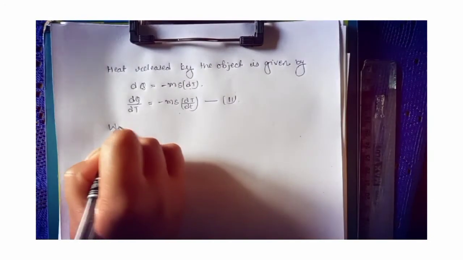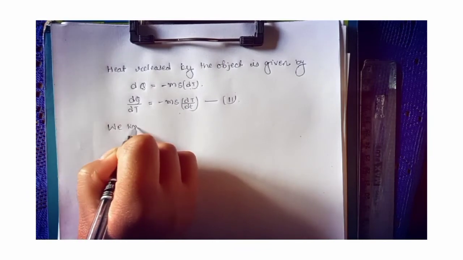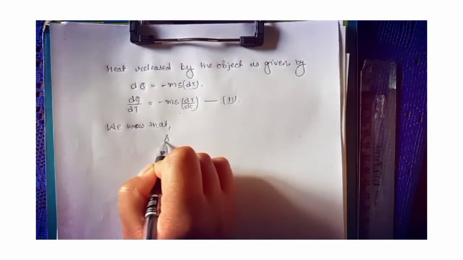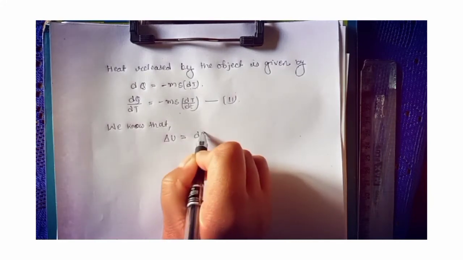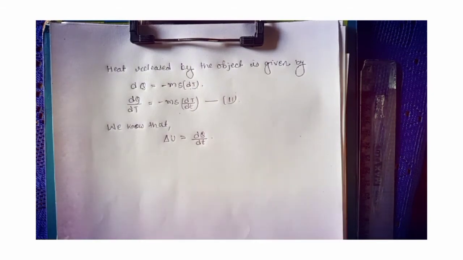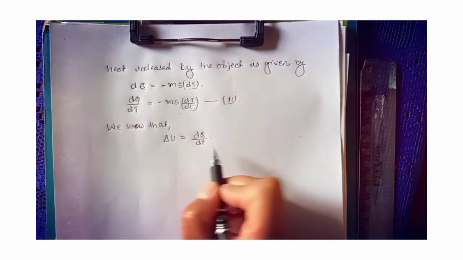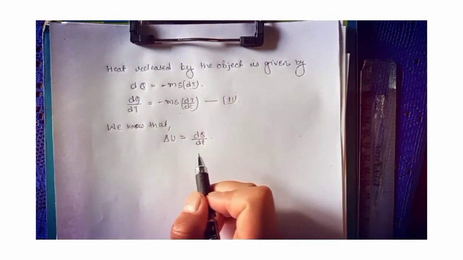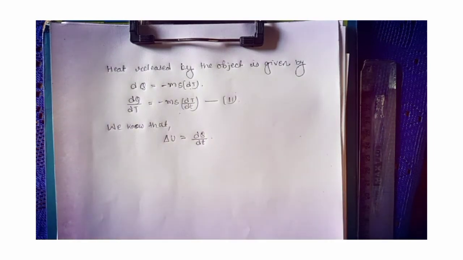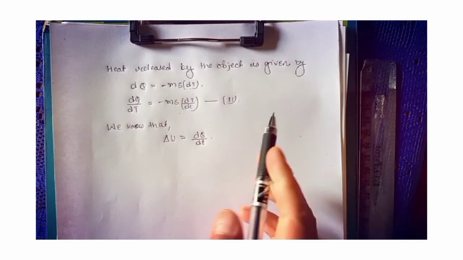We know that del U is equal to dQ upon dt, which means del U is the amount of heat lost by the object per unit time. So let us club equation number 1 and 2.